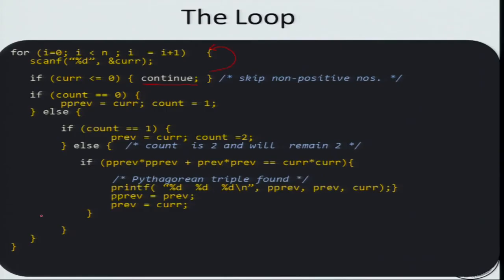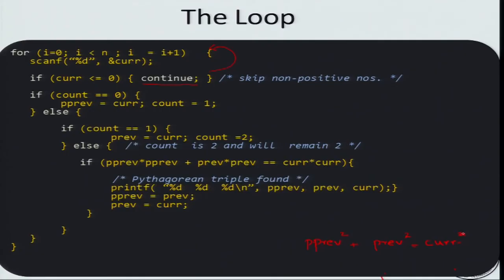So you have previous to previous, you have previous, and you have current, right. So these are the three numbers that you have. So what you have to check is whether previous to previous squared plus previous squared is equal to current squared.